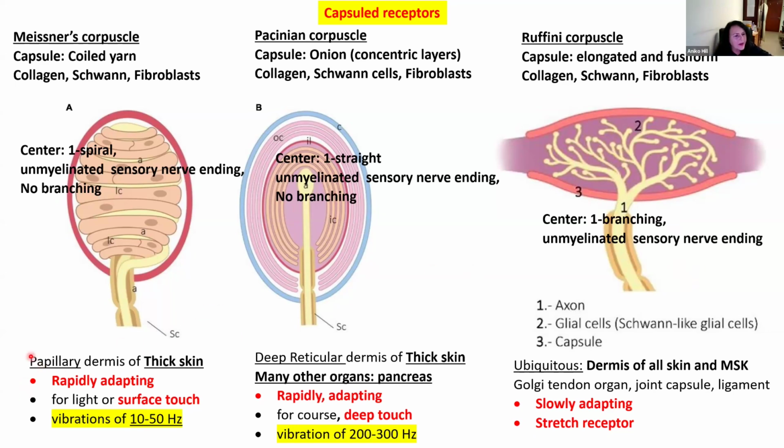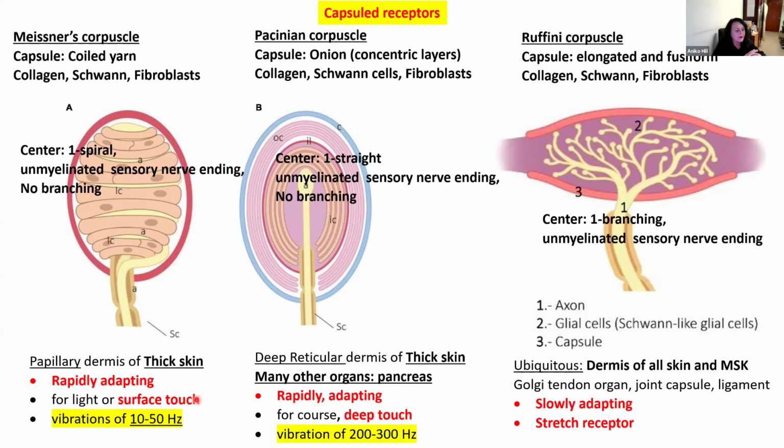So let's say the Meissner corpuscle is always in the papilla or the papillary dermis of thick skin. So therefore, if you think about it, it is very, very close to the outside world, to the epidermis, right? Very close to the epidermis. So therefore, it's going to be very sensitive for light or surface touch.